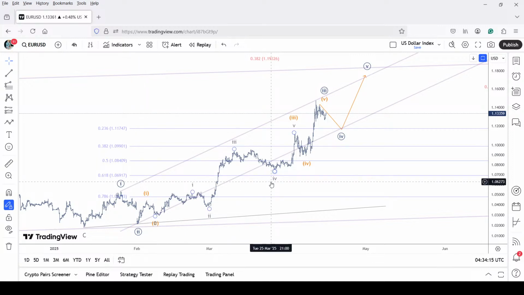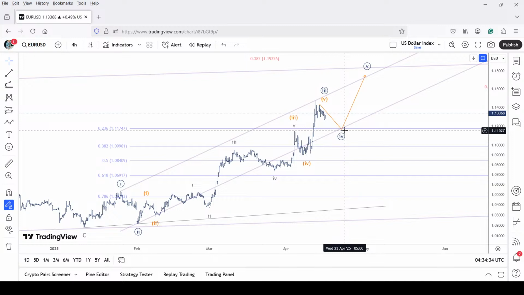With respect to the wave 1 and wave 4 correlation of an impulse, although the risk reward ratio would not be extremely good in that case, we would reconsider taking a stop change or a stop move after prices reverse from 1180 or so. All right. So that's the story in the euro.